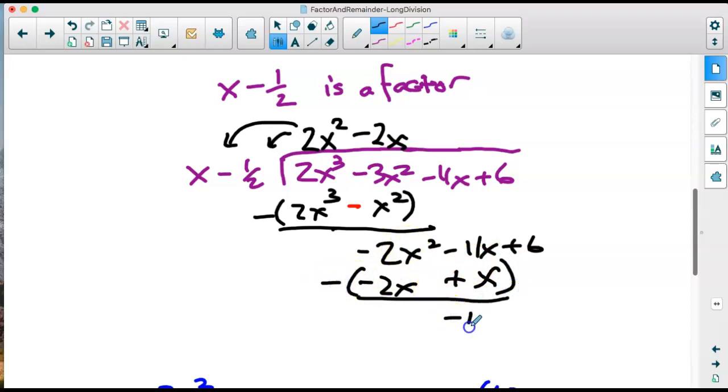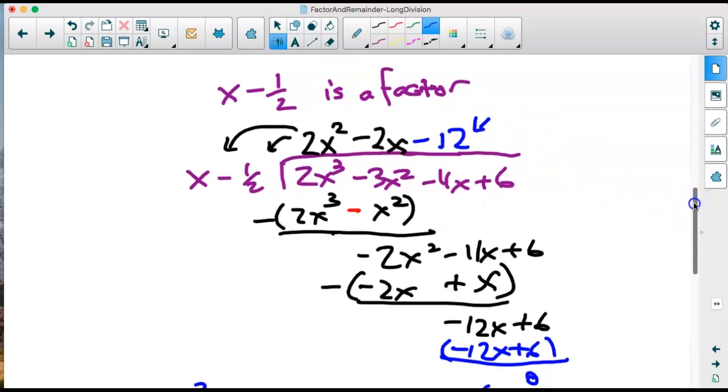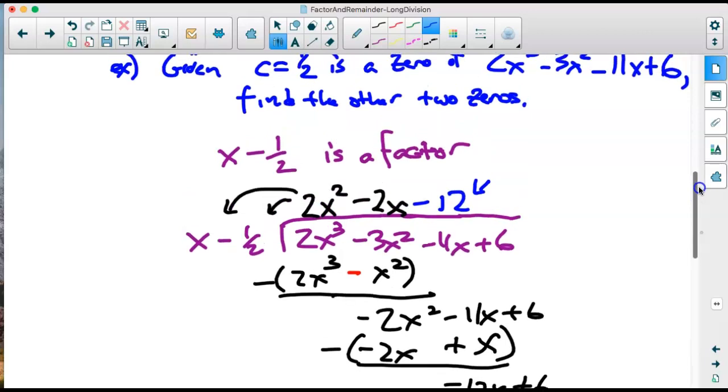That's going to be minus 12x plus 6, and that's going to work out. All right, great. Because then that's going to be a minus 12. So minus 12x, and then half of that is positive 6, and we subtract, and we get 0. So that works out. So here's my other factor. So that's what I would need to simplify to get my other two zeros.